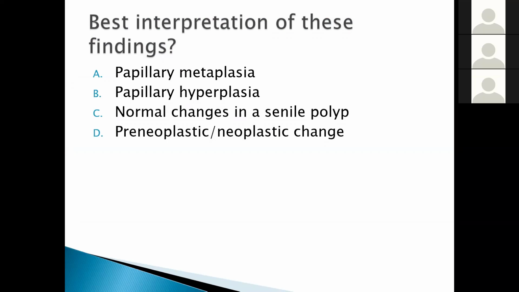I didn't know how to word it. I'm not good at this multiple choice. But the point is that it should trigger the workup, right? I try to do a low power because it's a low power impression that something is off here with this proliferation towards the lumen. At the end of the day, it might turn out to be nothing, but you're obligated to do your stains to make sure.